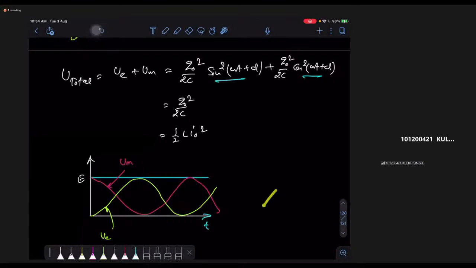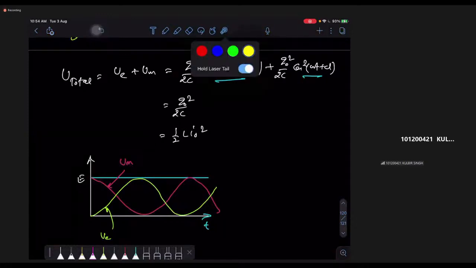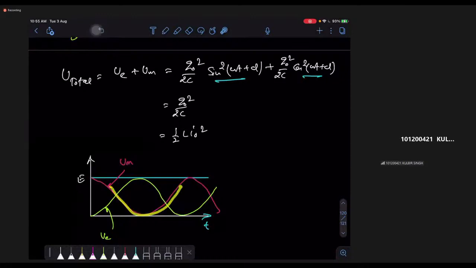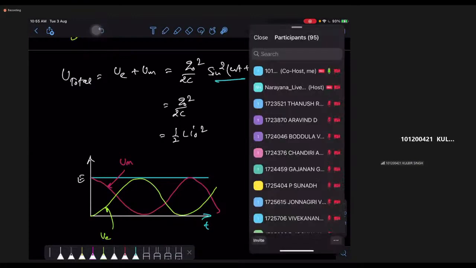Just like in our pendulum, kinetic energy goes into potential energy and back into kinetic energy. Here, a rise of electrical energy means a fall of magnetic energy. And when there is a rise of magnetic energy, there is a fall of electrical energy. But overall, it is going to be constant.